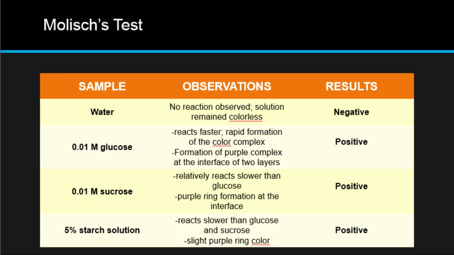From the experiment, these different samples were tested and these are the observations and results. As we can see, water does not contain any carbohydrates at all, and the other three samples are carbohydrates. Hence, they are expected to be positive, and it is reflected in the results.